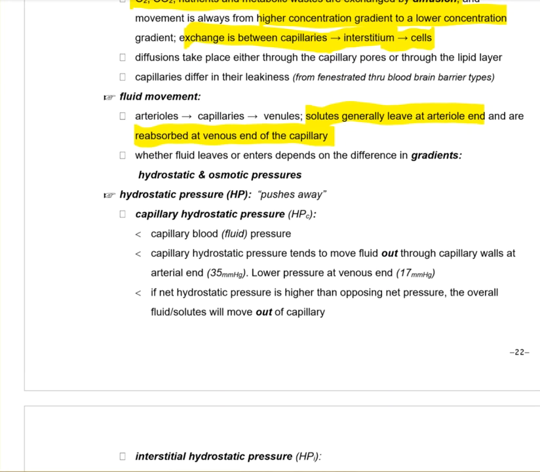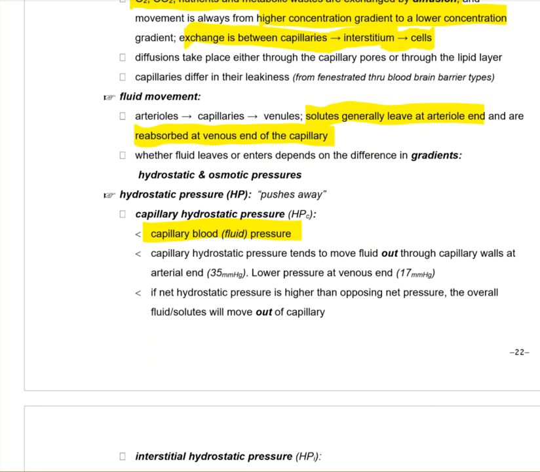Okay, so the first thing we're going to talk about is hydrostatic pressure. You actually know this pressure already because this is blood pressure. This is the blood pressure in the capillary. And hydrostatic is referring to the water pushing on the walls. And if it pushes on the walls, if the pressure is high enough, it may leak out of those walls.